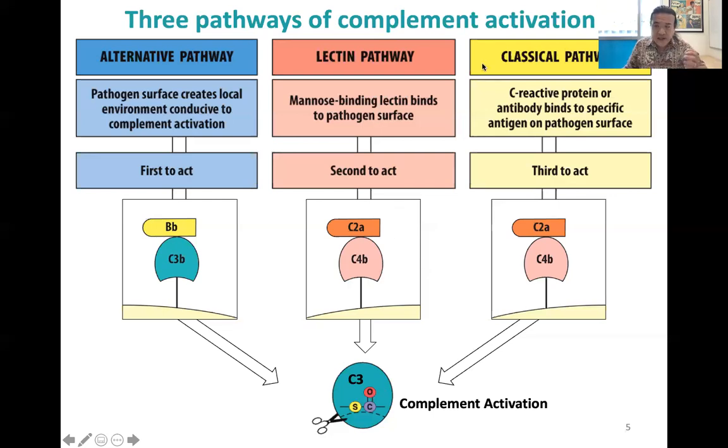And then the most delayed one is the classical pathway, right? So the classical pathway then requires things like antibodies. So C-reactive protein is often also considered part of the classical pathway. But really, what we're talking about are antibodies, right? So antibodies would not come around until a week later or more, right?